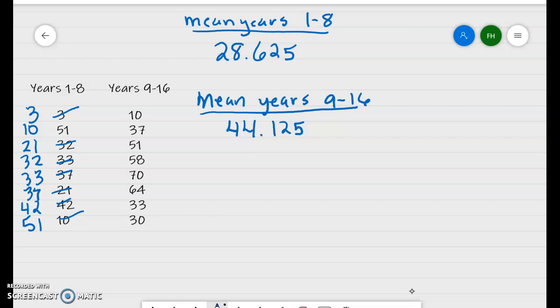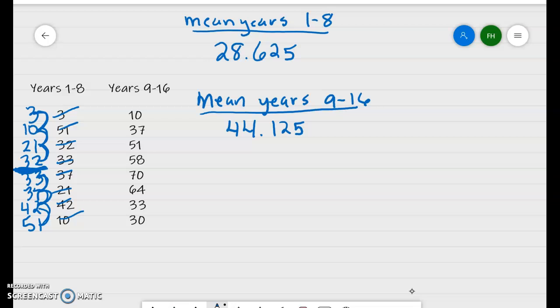So now I have them in order, but as you can see, when you have an even amount, your middle would be in between two numbers. So the median would be right here.